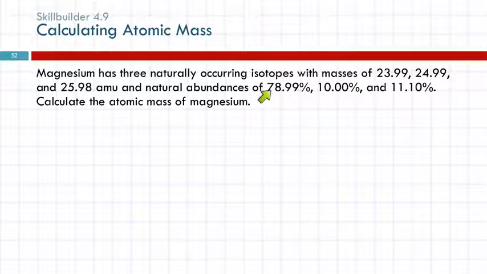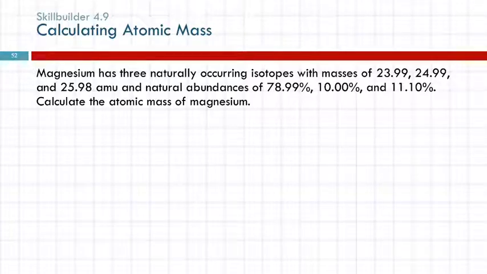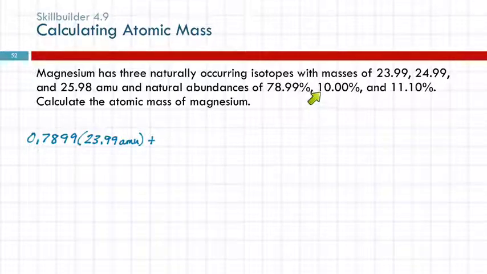So we're going to take this percentage that goes with that isotope, and make it into a fraction. We're going to divide by 100. Let's try that again. 0.7899 times the mass of that isotope, 23.99 atomic mass units, plus the next isotope accounts for 10% of magnesium.